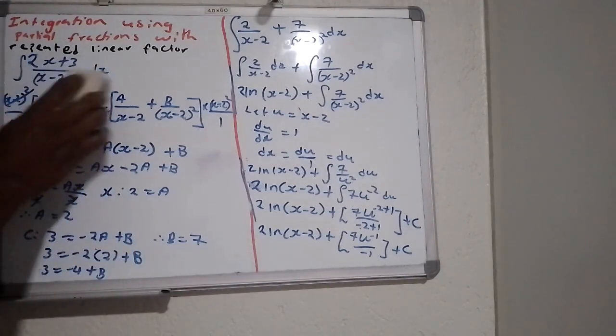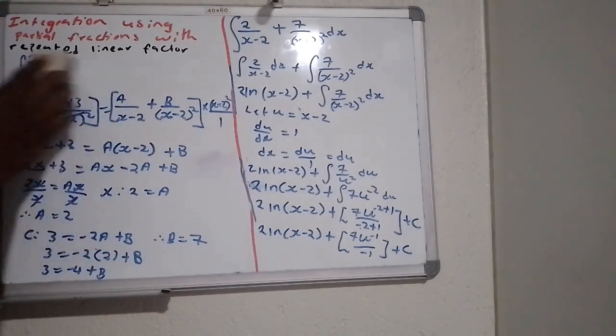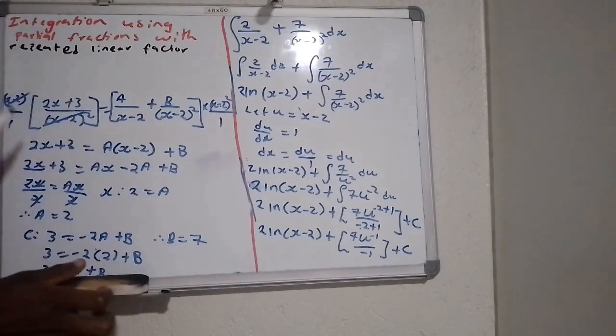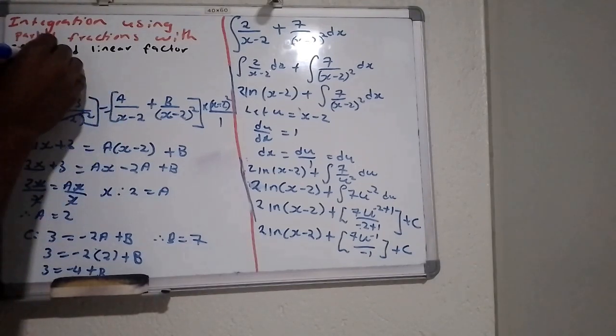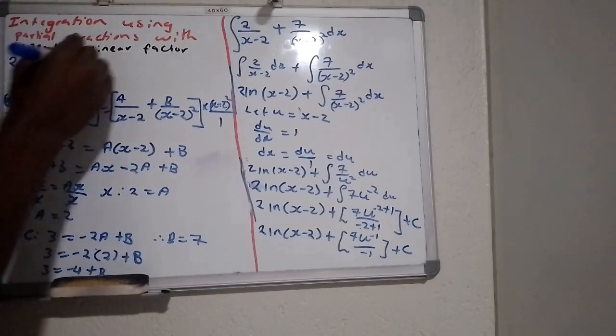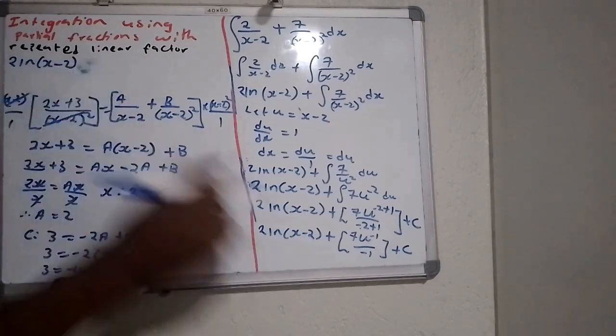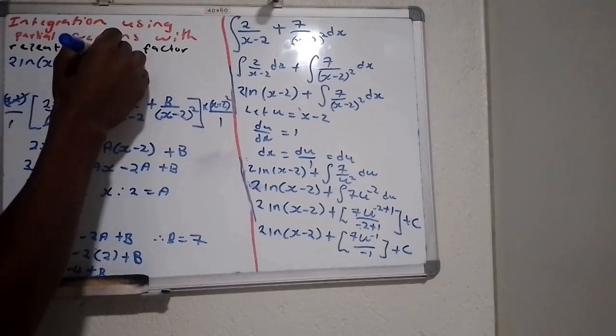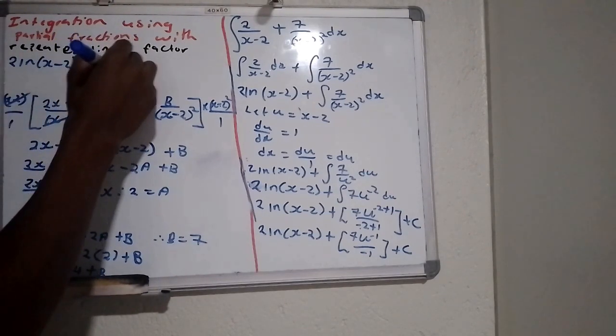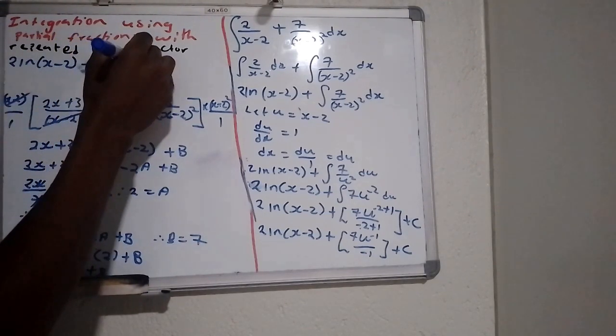Sorry, taking a lot of space. Let me rewrite it there. This will give me 2 ln of x minus 2, plus and minus, minus 7 over u plus c.